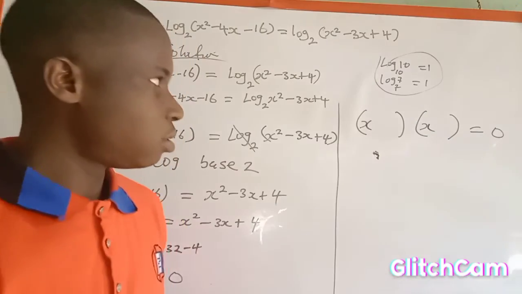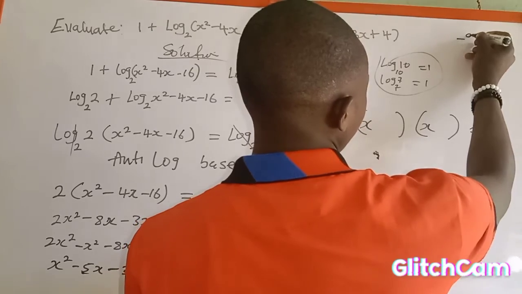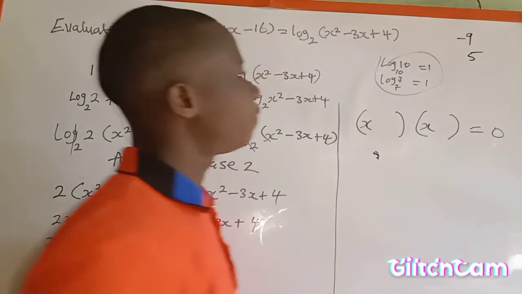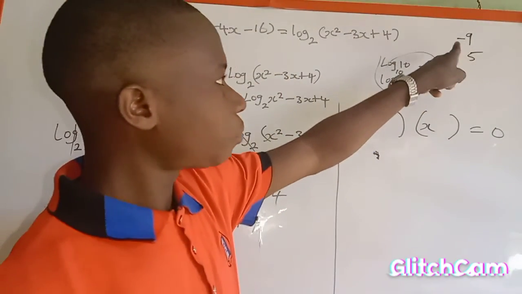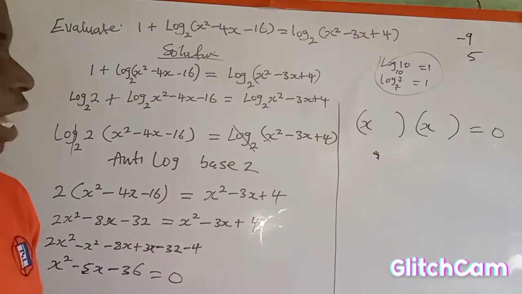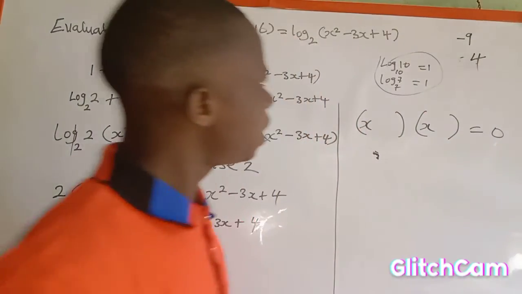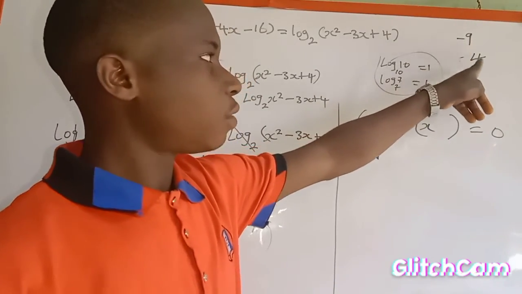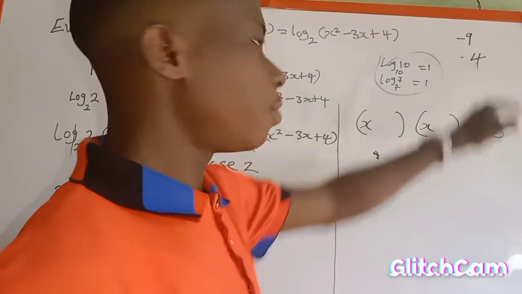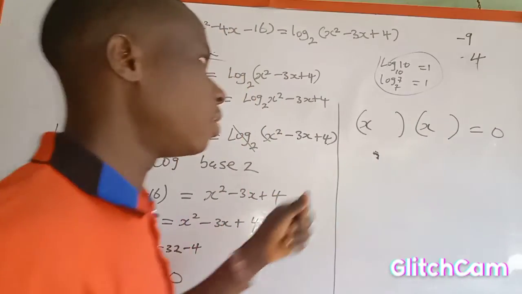Of course, the numbers are going to be negative 9 and 4, because if you say negative 9 plus 4, it will give me negative 5. Then negative 9 multiplied by 4 will give me negative 36. Yes, the right numbers to use are negative 9 and 4.